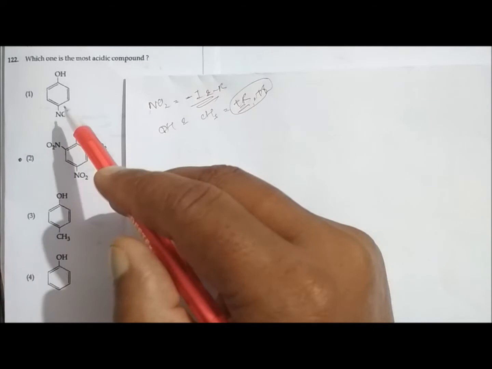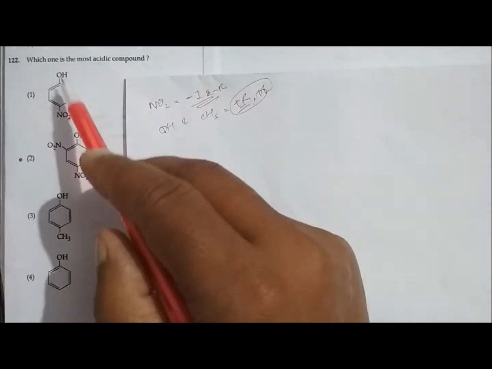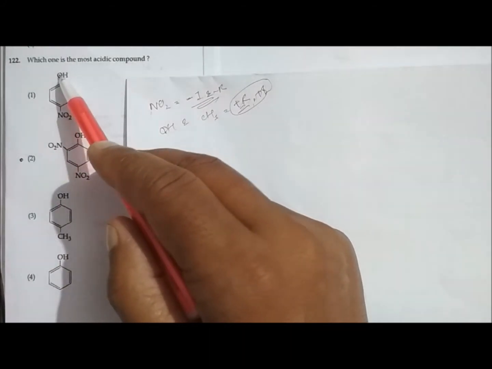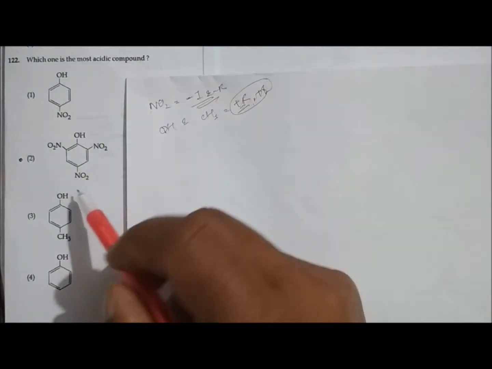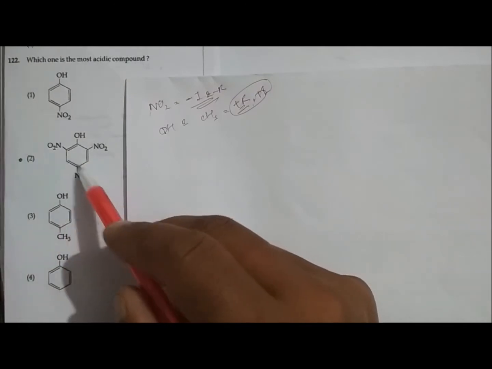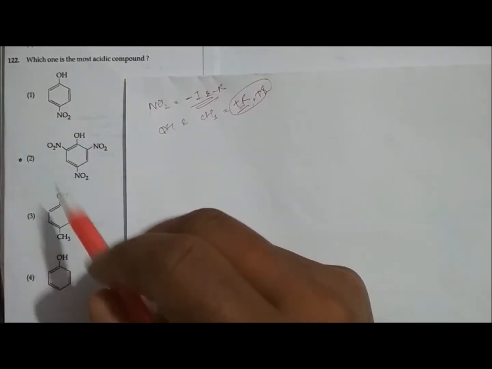So what will happen? This will withdraw electrons from the ring, and thereby the oxygen will pull the electron from the hydrogen. Hydrogen is easily removed from this OH. And in the second case, if you compare with the first one, it has 3 NO2 groups, so this is much stronger than 1.